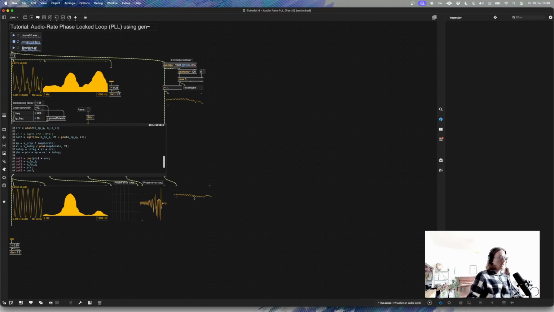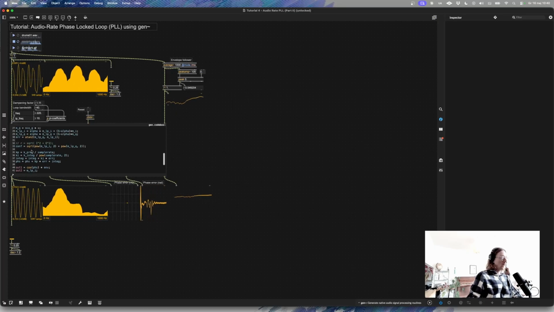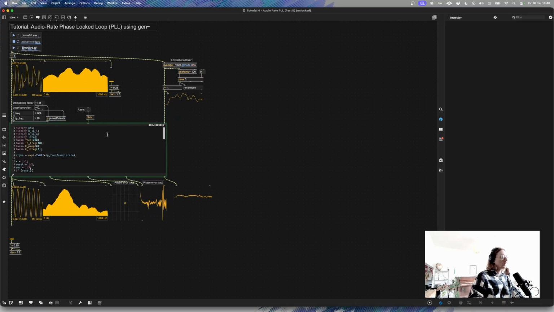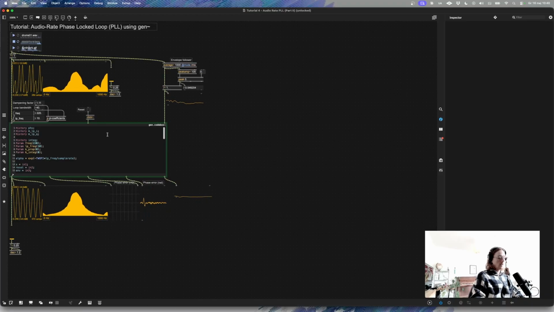But it is also changing quite rapidly, so maybe we want to add some smoothing to this. So we can use yet another one-pole low-pass filter for this.